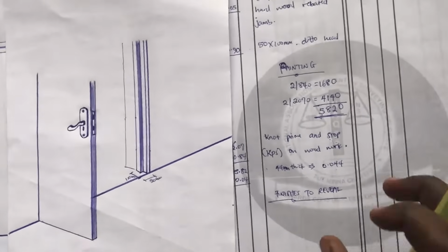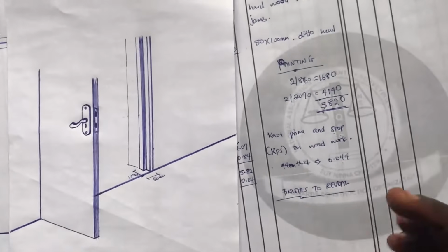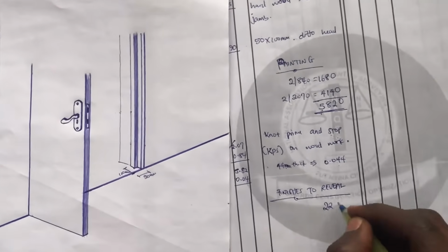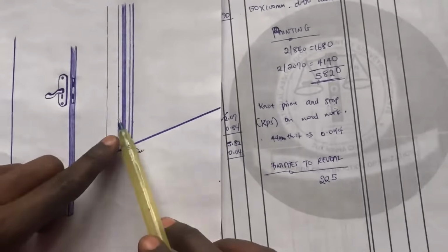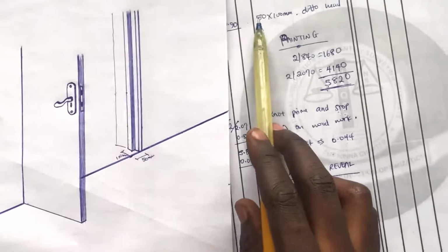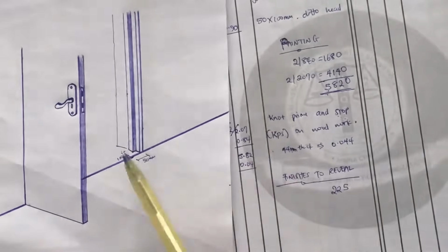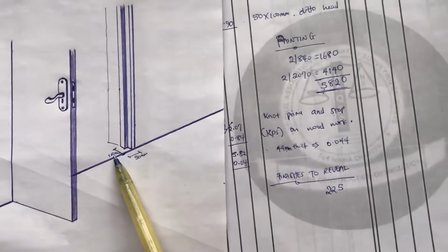So in order to be sure that this is what we need to do, we have to first and foremost check the calculation. Our wall thickness is 225 mm, but then we're told that the dimension of our jamb, that is of this framework we are seeing here, is given as 50 by 100. Remember, this 50 is the place that is visible. Then along this length, like I showed us before, we have it as 100.